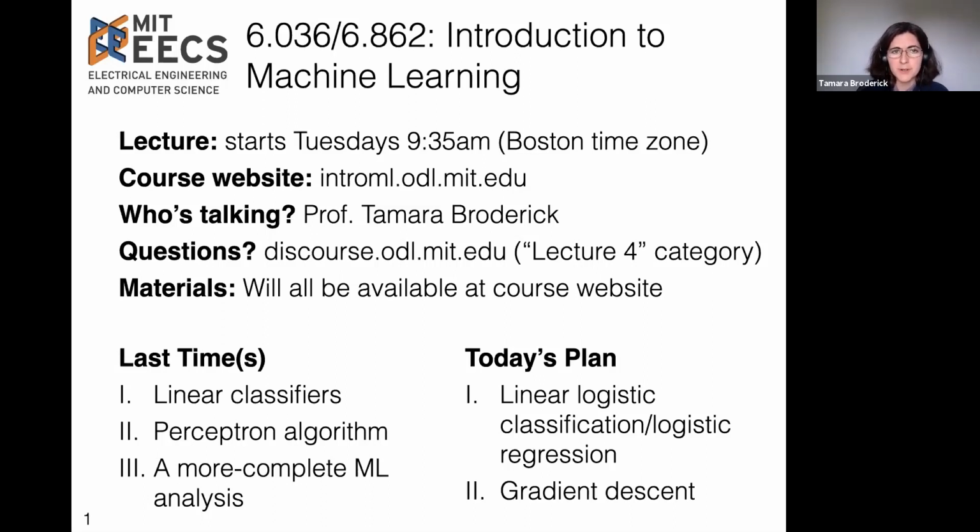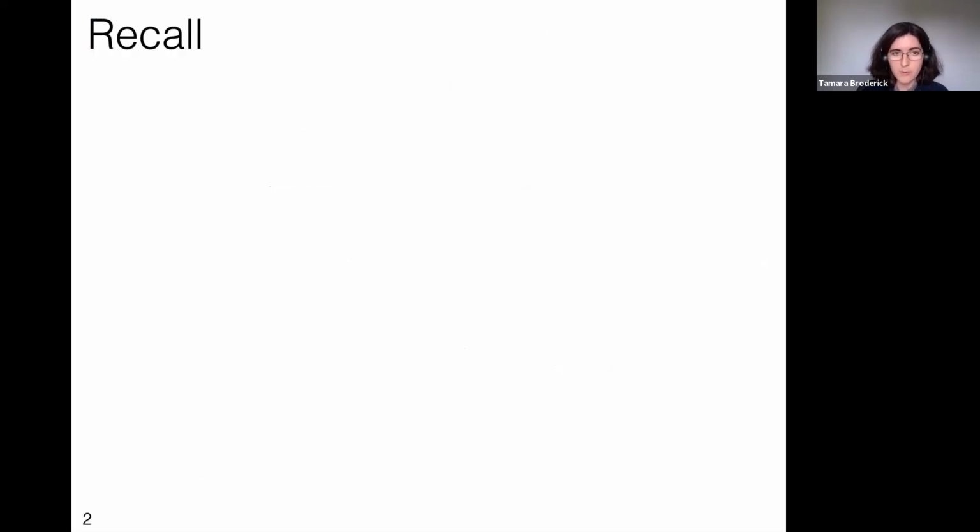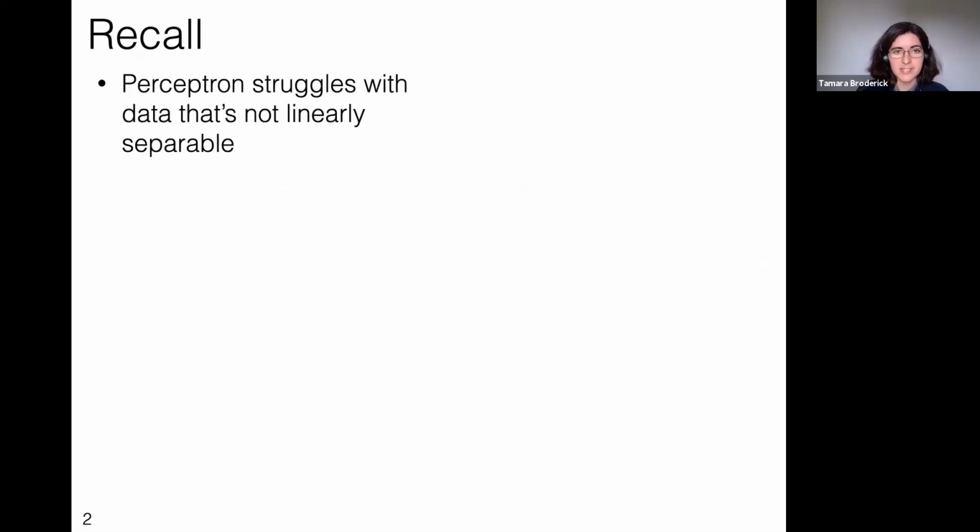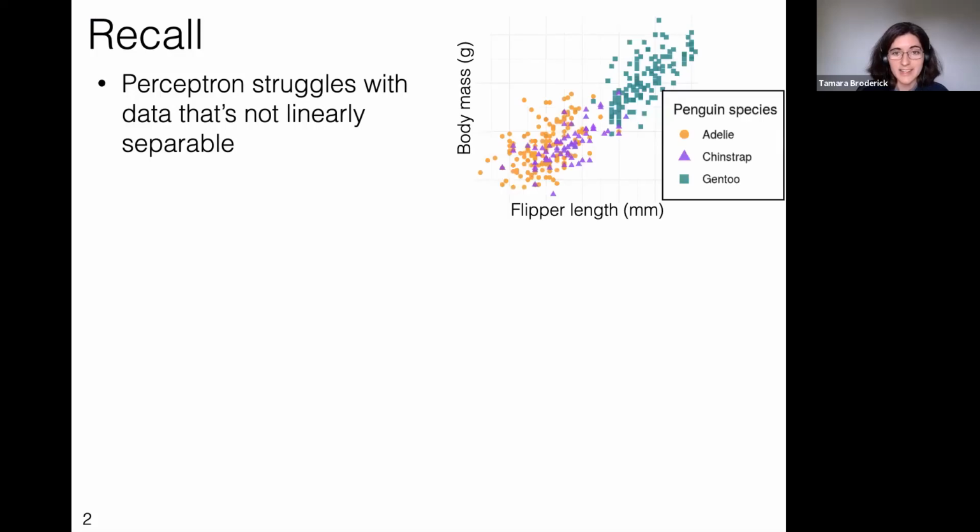So first, before we get started on what exactly logistic regression is, let's recall why we are doing this. Why don't we just use the perceptron for everything, because we have an algorithm now? Something that we saw in lecture 2 is that the perceptron struggles with data that's not linearly separable. And the reality of life is that probably most data that you're interested in is not linearly separable.